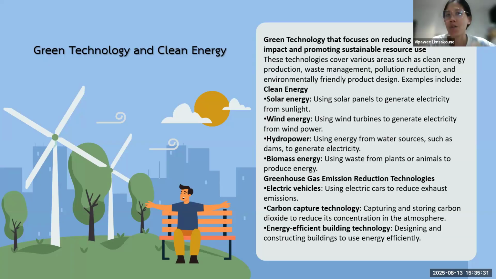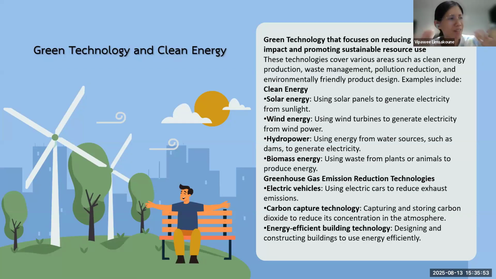For example, in our air conditioners, industry people used to use chlorofluorocarbon as one of the chemicals in the process of making air conditioners. But now they ban that, so they use other chemicals.